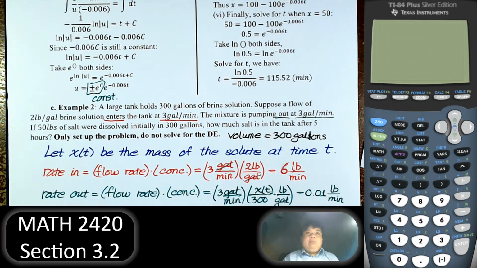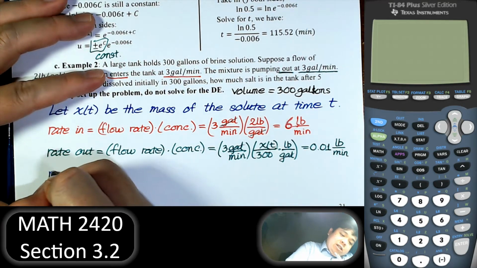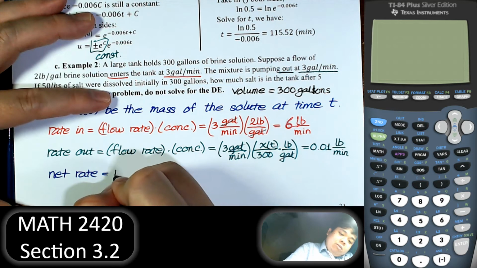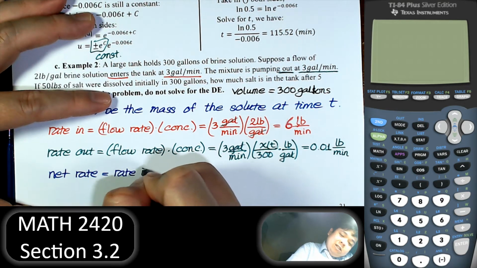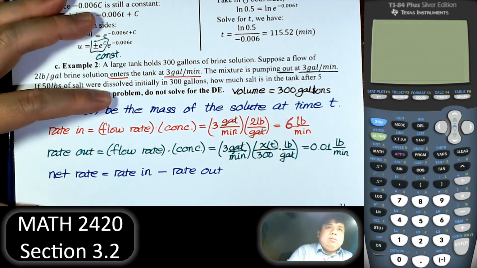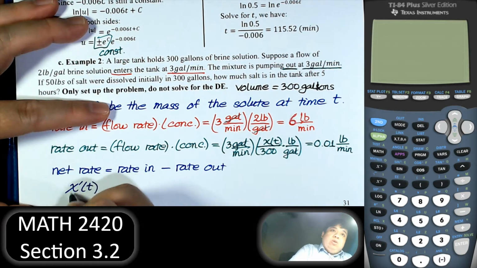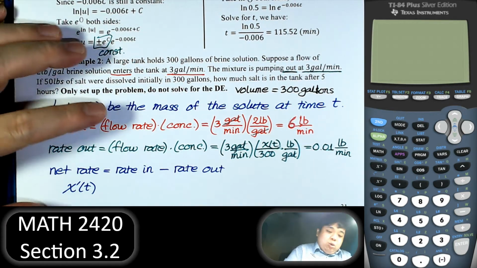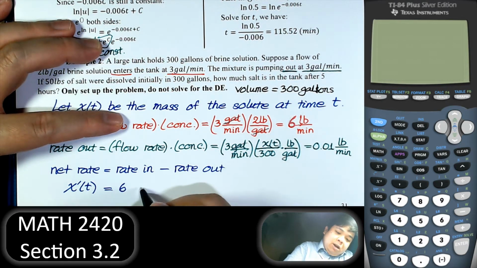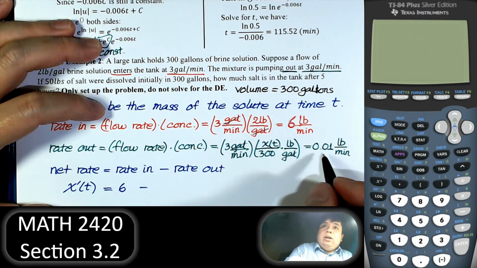Right, so we have the rate coming in, the rate coming out. This is easy. After that, the net rate is the rate coming in minus the rate coming out. It's not that bad. The net rate is the rate of change, which is the derivative of x with respect to t. The rate coming in, 6, minus the rate coming out, 0.01.